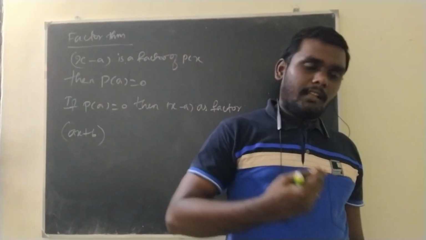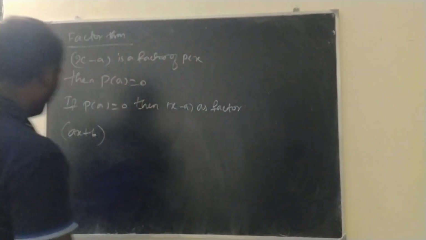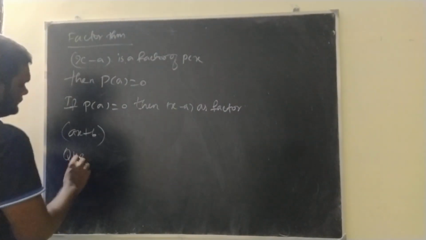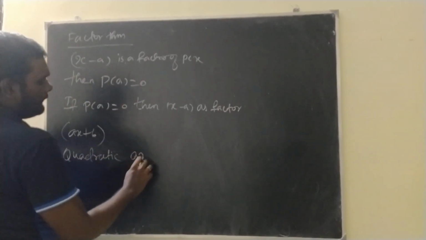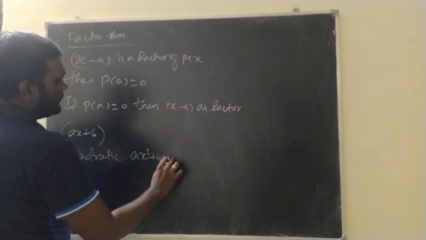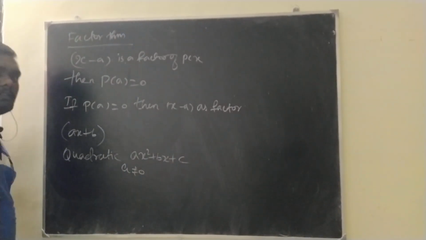And there is another type of polynomial which is quadratic polynomial. That is in the form ax square plus bx plus c, where a should not be equal to 0.